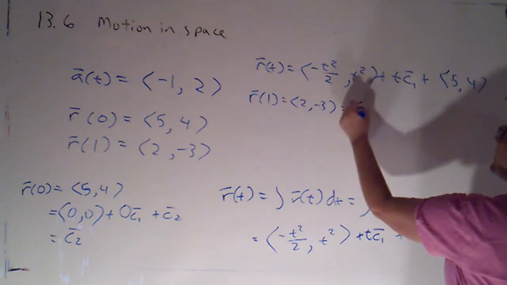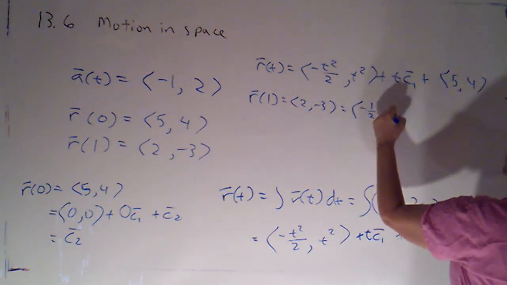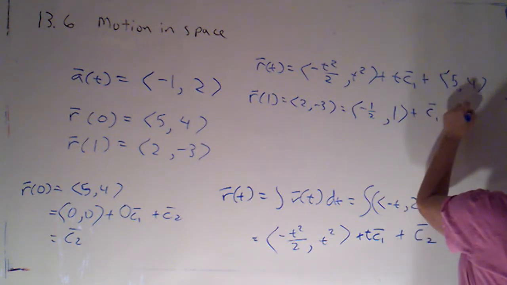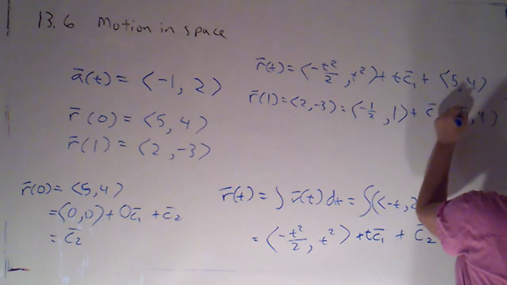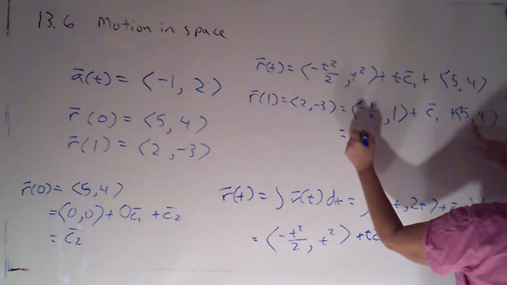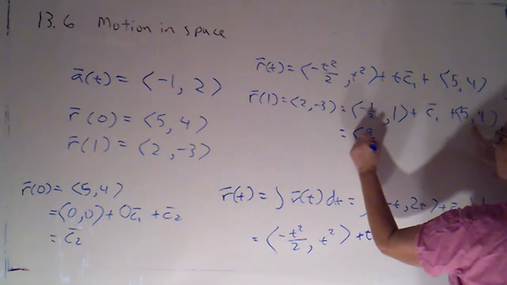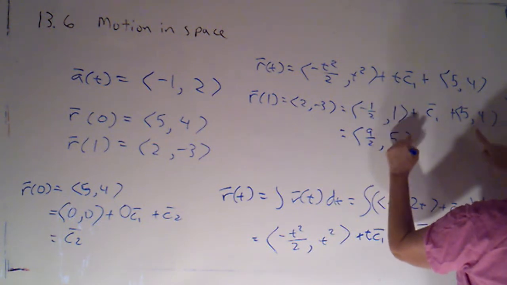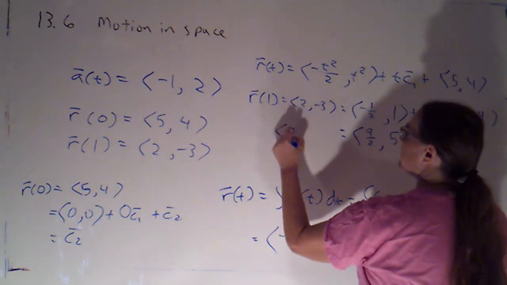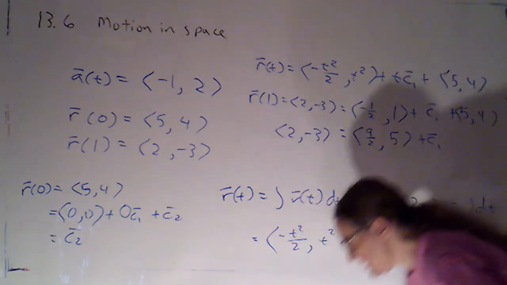Now if I plug in 1, I'm going to get ⟨-1/2, 1⟩ plus 1 copy of c1, plus ⟨5, 4⟩. Let's just combine these. That's going to give me ⟨4.5, or 9/2, 5⟩ plus c1. And that's equal to ⟨2, -3⟩.